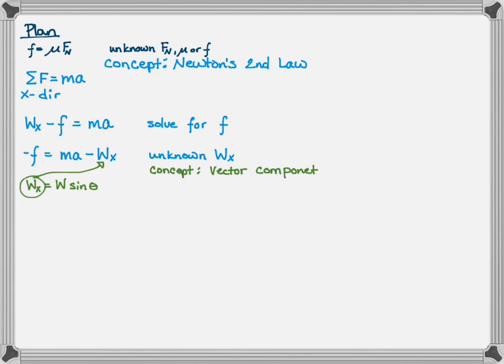But since theta was defined in terms of the y-axis, they're now flipped. So sine theta will give me the x direction. So I now have W sub x, which I can plug into the equation above. Now I can solve for the frictional force. Once I have the frictional force, I can then plug that back into the original equation.